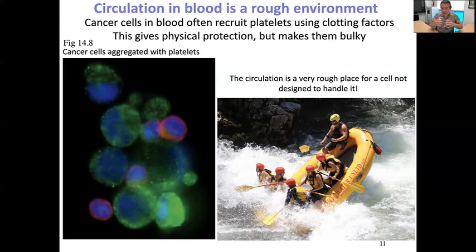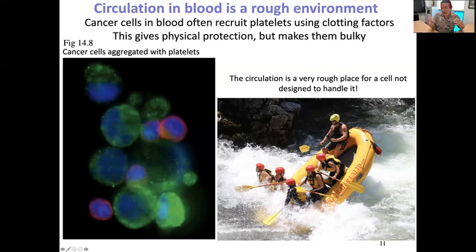In addition, once they're in the blood, oftentimes these cancer cells are recruiting things like platelets, and they end up becoming these masses of cancer cells coated in platelets. If you look at this here, that's what we're seeing. These are cancer cells in circulation, and they have with them these little bits of things. I think these little green things are probably actually platelets, right? And so this creates this mass of cells.